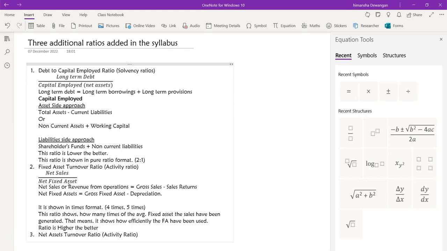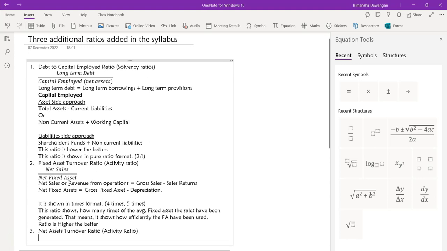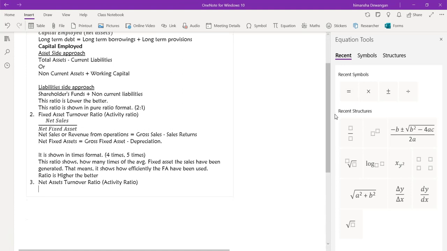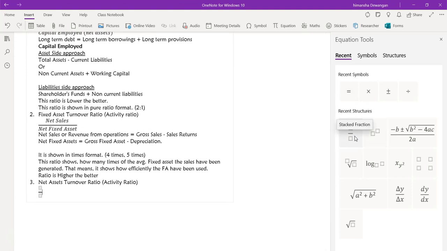Okay, now the last ratio, net asset turnover ratio. Again, our formula will be revenue from operations or net sales. Both are correct. And in the denominator, we are going to write capital employed.